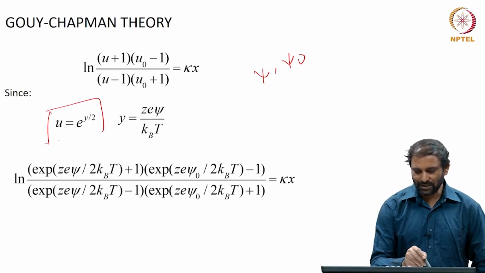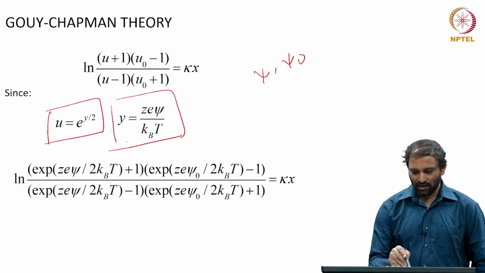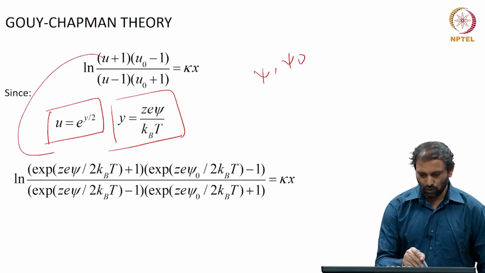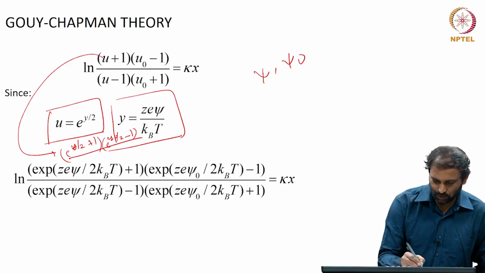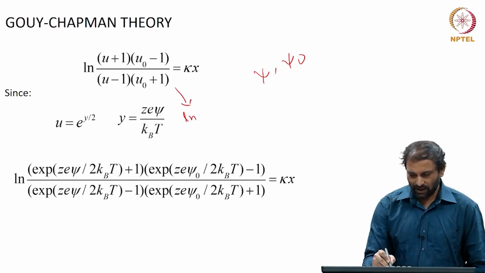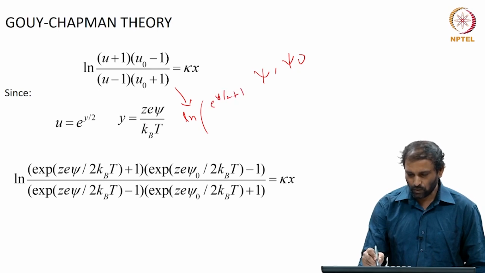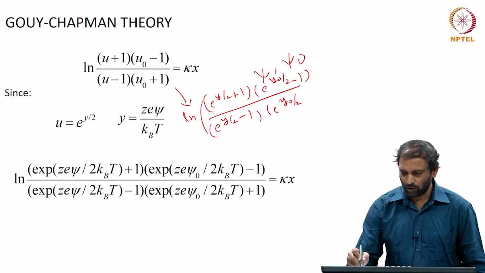Because u is e power y by 2 and y is z e psi divided by kBT, I can write this as ln of (e power y by 2 plus 1) multiplied by (e power y naught by 2 minus 1), divided by (e power y by 2 minus 1) times (e power y naught by 2 plus 1).